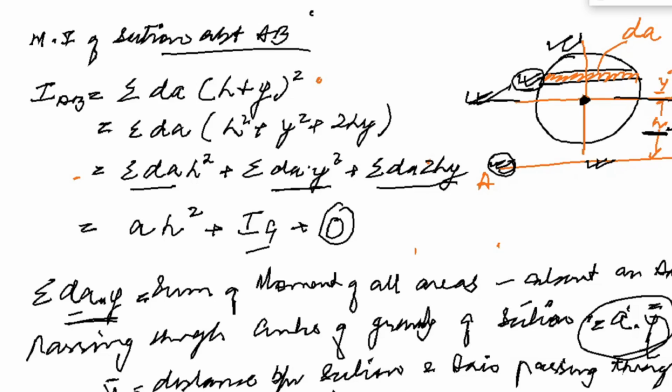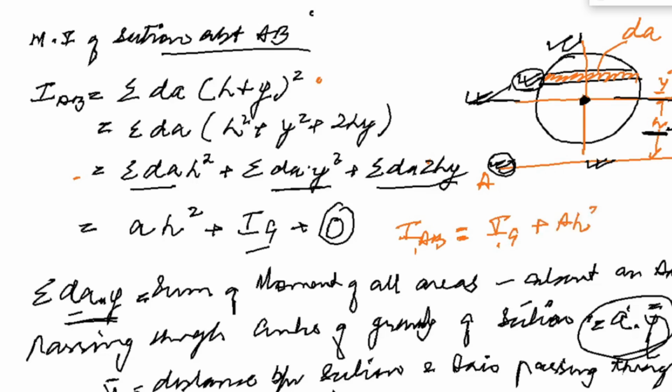Therefore, we can simply say here our moment of inertia about AB is equal to Ig plus Ah square.